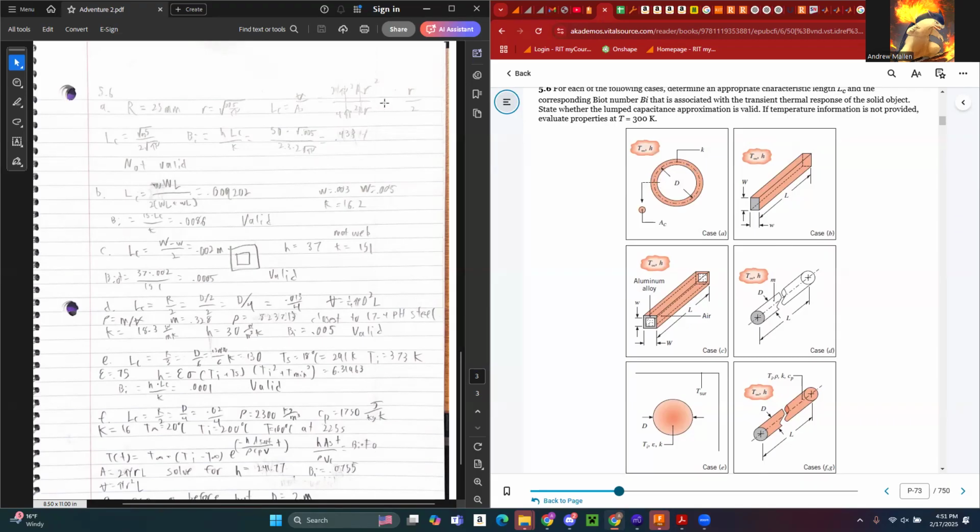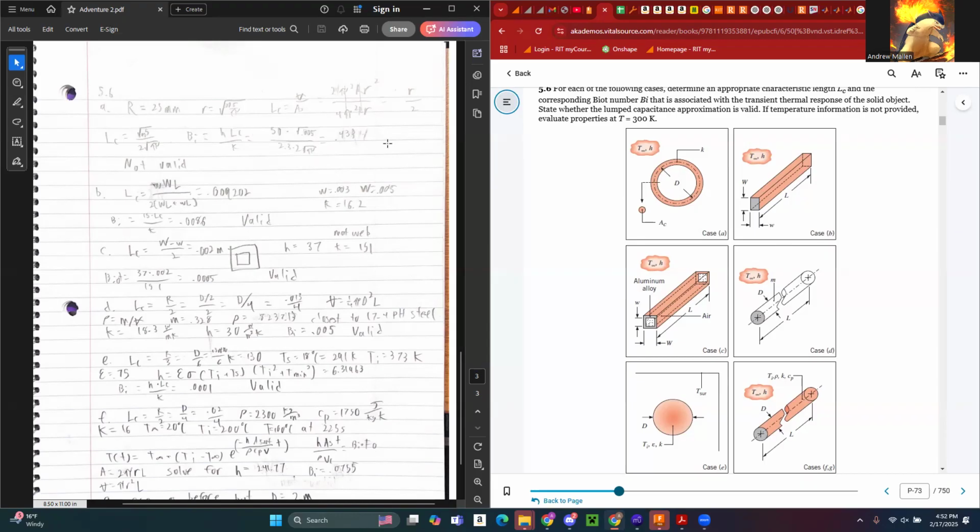So if you just cancel that out, the characteristic length of a torus is simply r over 2, which in this instance is equal to root 5 over 2 root pi. If you plug this all into the Biot equation, we get a Biot number of 0.433, meaning that lumped capacitance is not a valid assumption for this torus.